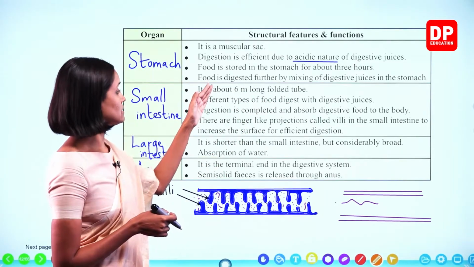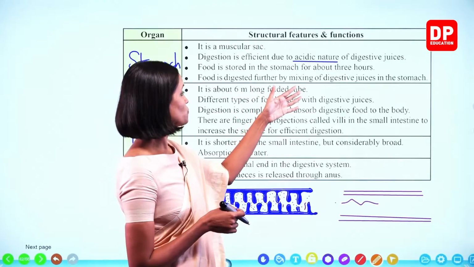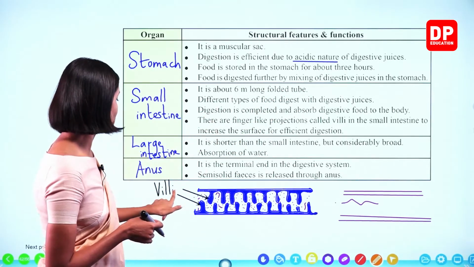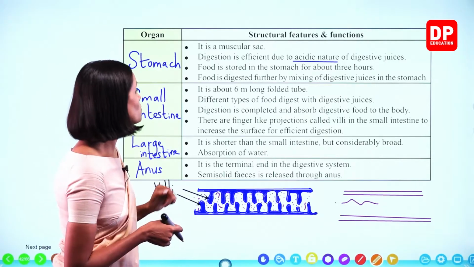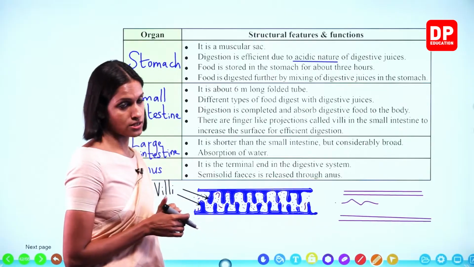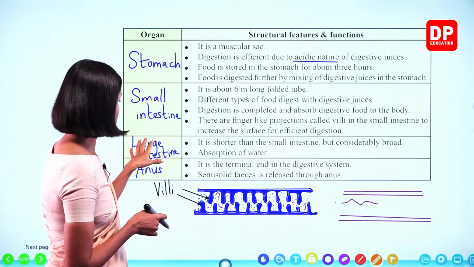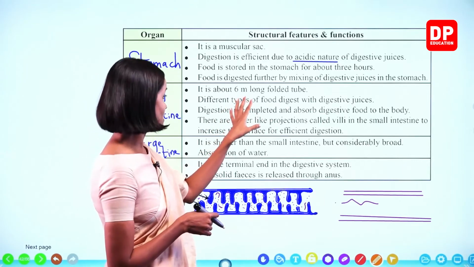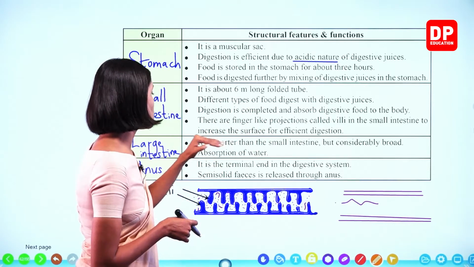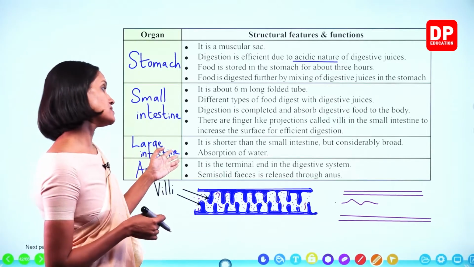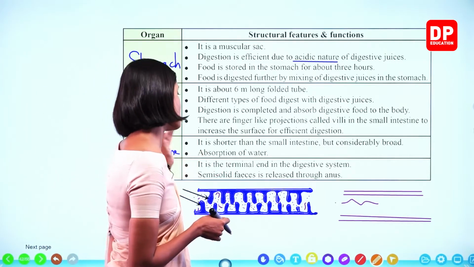Digestion is completed and digested food is absorbed into the body. There are finger-like projections called villi in the small intestine to increase the surface for efficient digestion. Right? Large intestine. It is shorter than the small intestine but considerably broad. And absorption of water takes place. Finally, the anus. It is the terminal end in the digestive system.